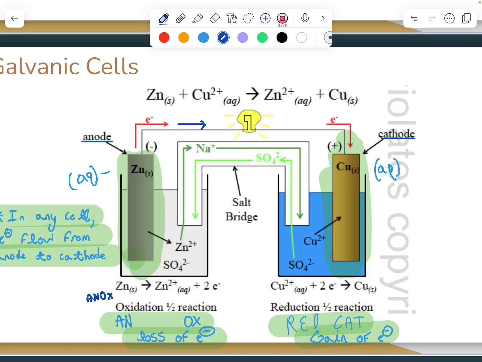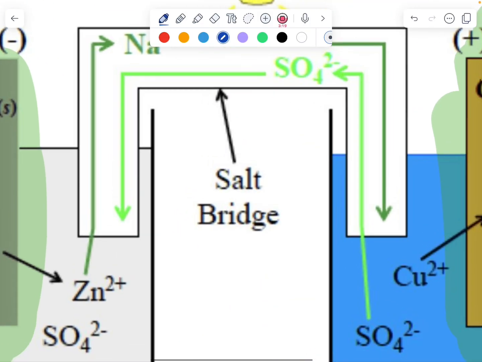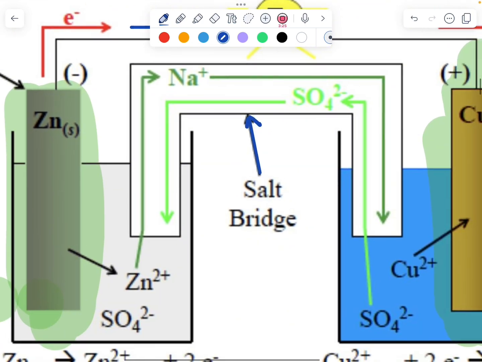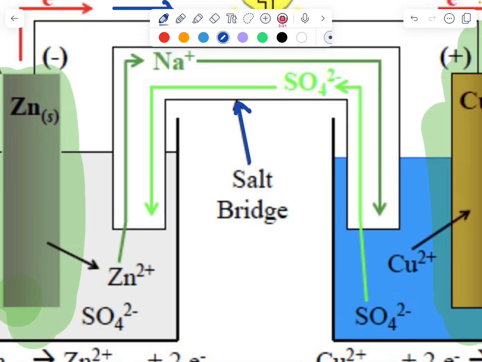And the only other thing of note here is this salt bridge, because we need to keep these solutions neutral. These soluble ions are usually sodium nitrate, sometimes something different, but in AP chemistry we usually see sodium nitrate because they're not going to get involved in the reaction. They're just there to keep the solution neutral.